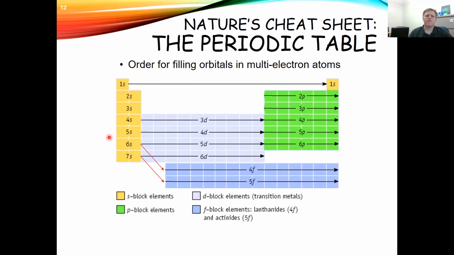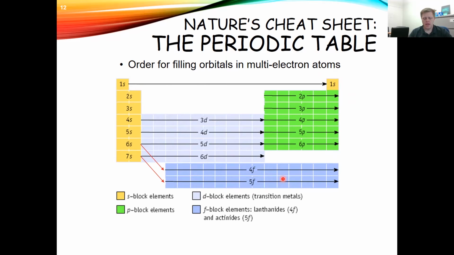And so over here on the left part of the periodic table, we have what's called the S block. This green region over here is the P block. You'll notice helium up here is actually in the S block, but we generally put it over here because it's a noble gas that's not very reactive. So we've got our P block, then our transition metals are our D block, and then down here is our F block.